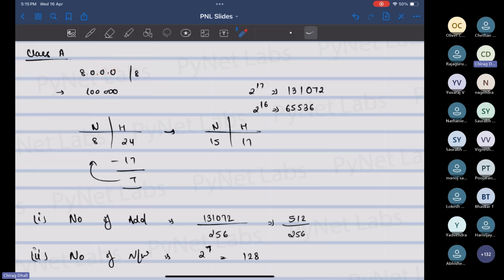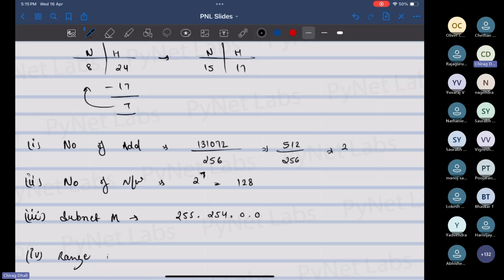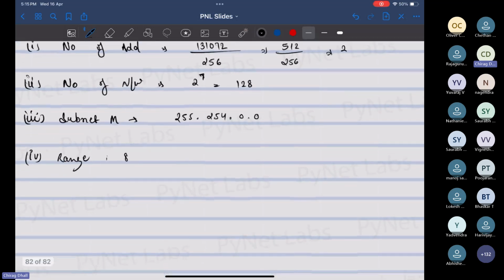Then when we divide it again, we get to know how many times we want the change to happen here. So when I divide it again, I get the outcome as 2. So I can understand that my range will be 8.0.0.0 to 8.1.255.255. This is my complete range for 131072 addresses.